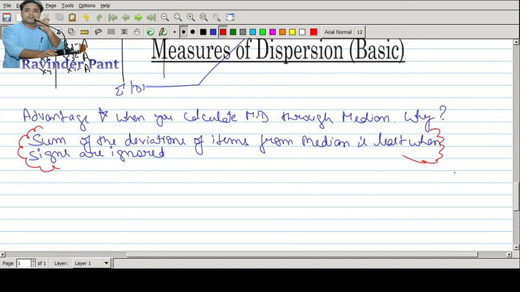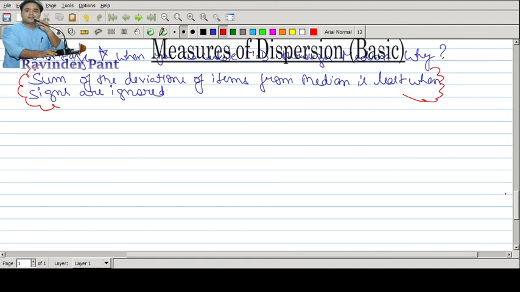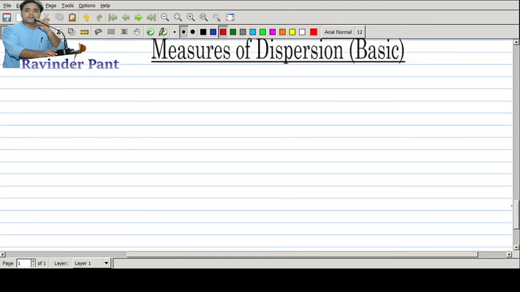I don't think that there is any need to look into the procedure step by step. If you know the formula, you know how to apply it. So that was about the individual series, but if you are operating with a discrete series, you know that there is one additional variable which is your frequency.